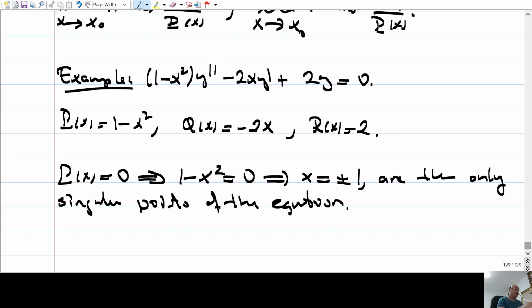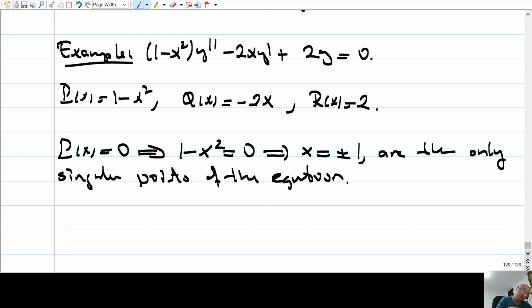Okay, let's check whether they are regular singular points. Let's see if they are regular.